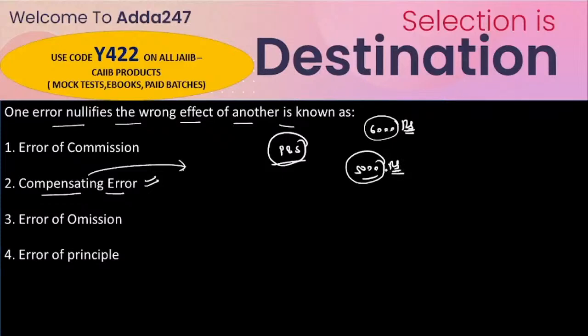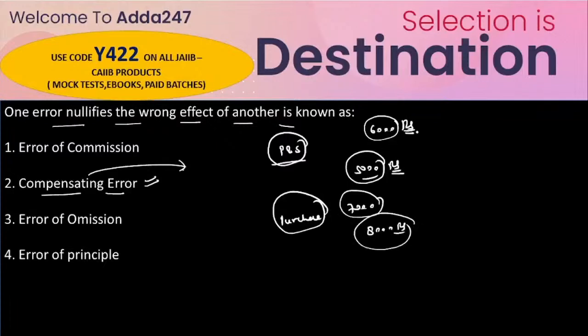Meantime, the purchase of the company is 7,000 rupees, and by mistake it is posted as 8,000 rupees. So here you undercast by 1,000 rupees, and here you overcast by 1,000 rupees.